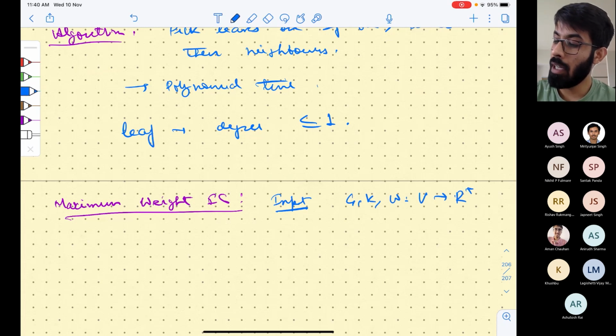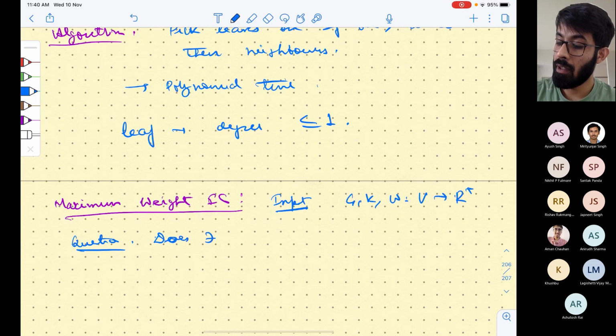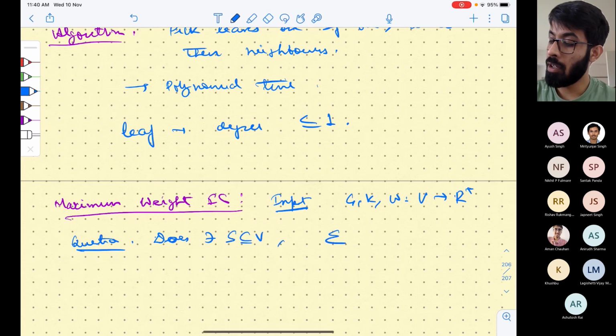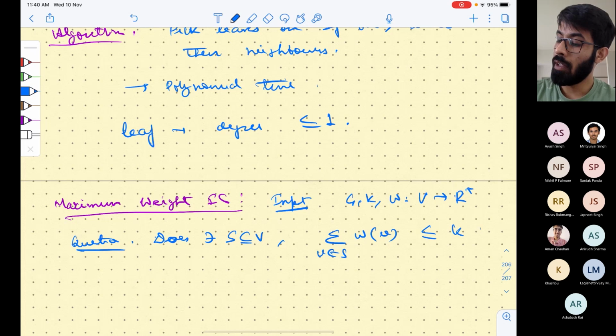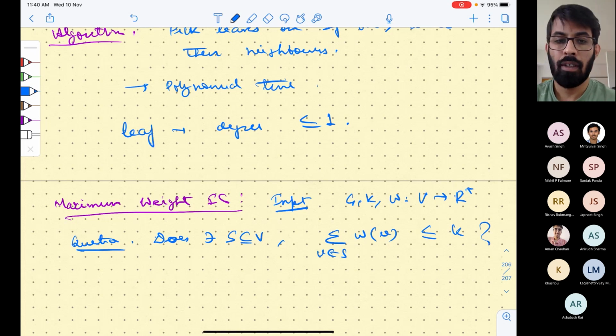And the question is, does there exist an S subset of V such that the summation of the weight of v belonging to S is at least K? So this is the problem, right?